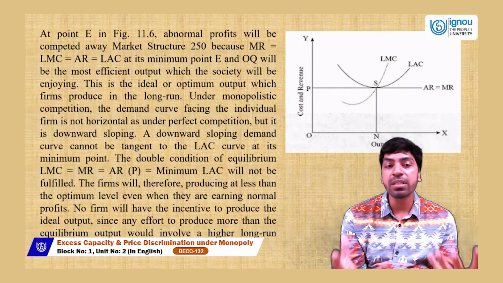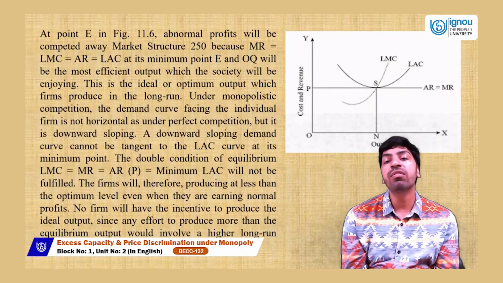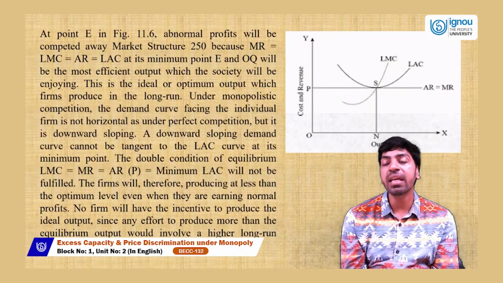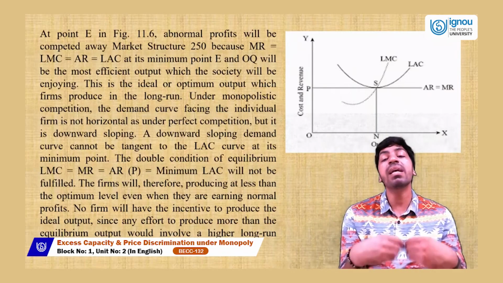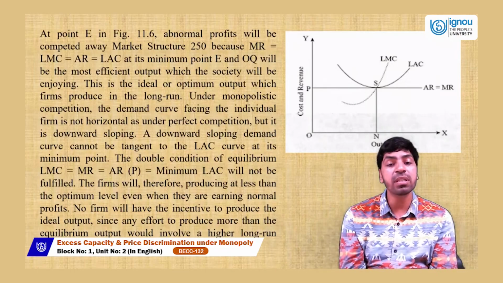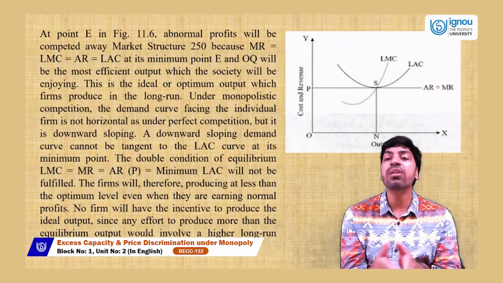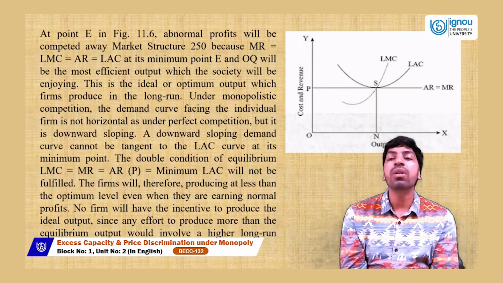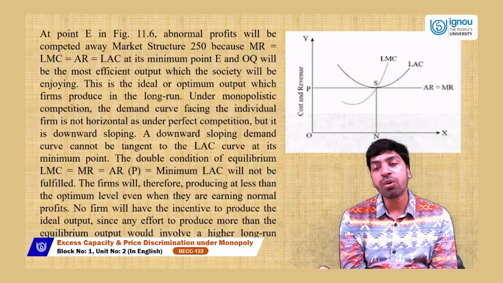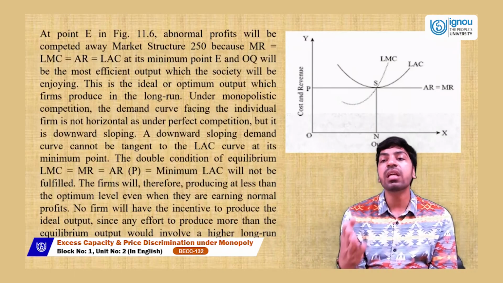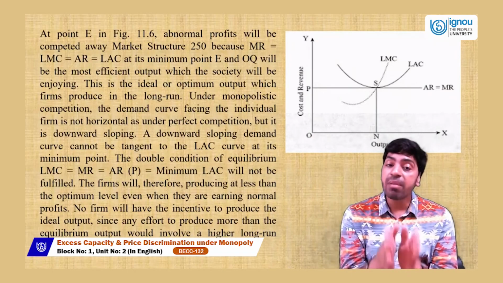In this structure, the demand curve facing the individual firm is not horizontal as it is under perfect competition, but it is tangent to the long run average cost curve, where average revenue, which is equal to price, is equal to the long run average cost at its minimum point.